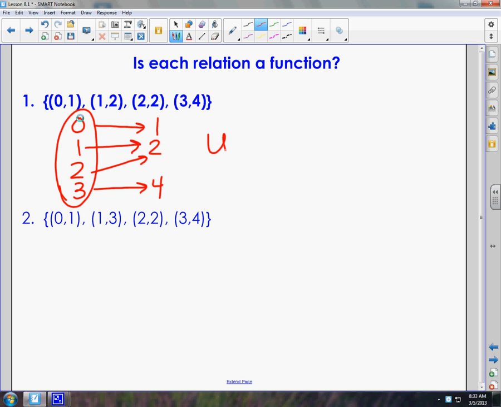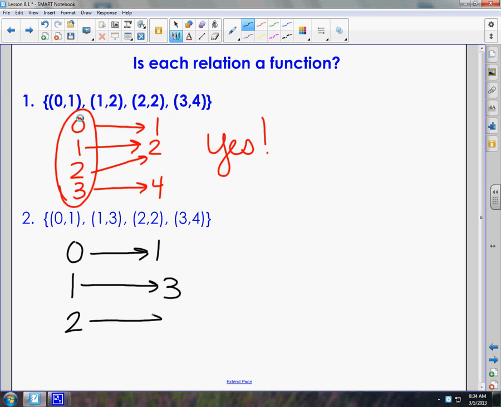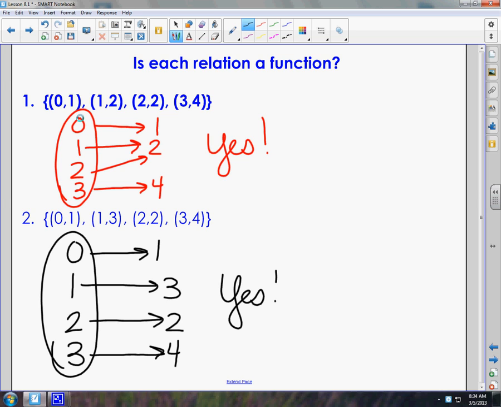Yes. So yes, this is a function. Now here, if I listed this out, 0 goes to 1, 1 goes to 3, 2 goes to 2, and 3 goes to 4. Is that a function? Are they all different? Yes. So both of these are functions.